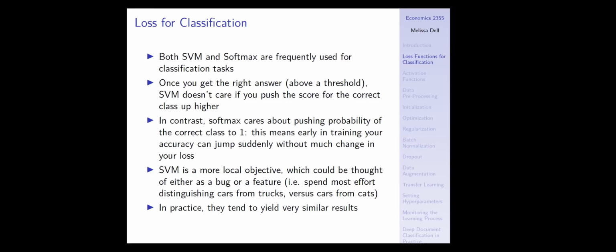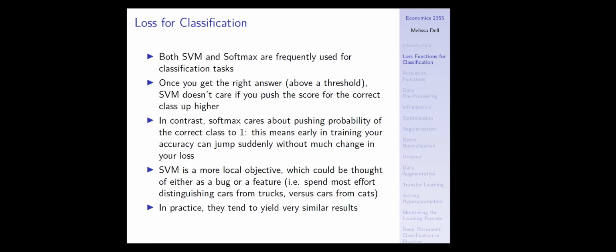So just to put this practically speaking, suppose we have a data set and it has 3 classes. You have trucks, you have cars, and you have cats. The SVM is going to be primarily concerned with that more difficult task of separating the trucks from the cars, and isn't going to really care how different the car and the cat scores are, as long as you can generally get cars correct, whereas Softmax is going to want to push, if you see a car, it's going to want to push that cat score down to 0.